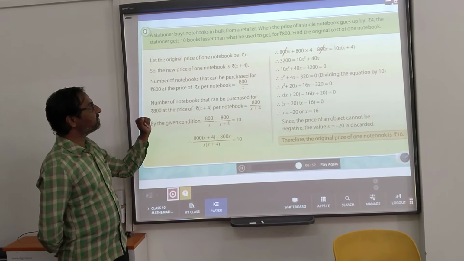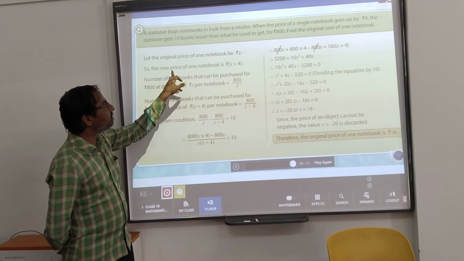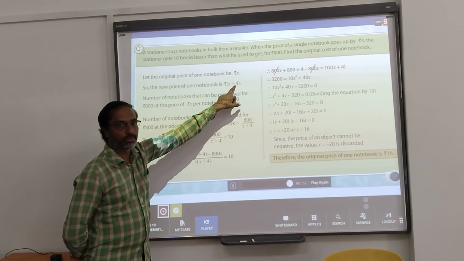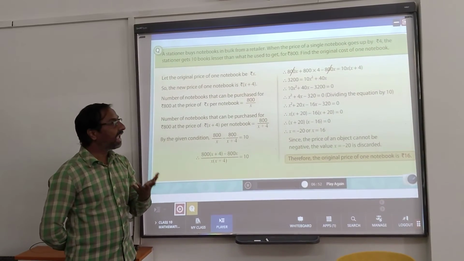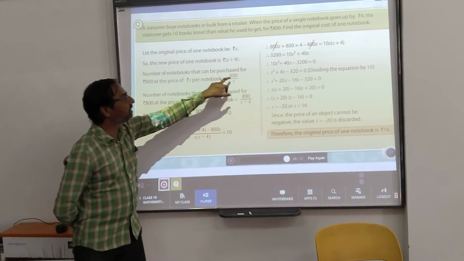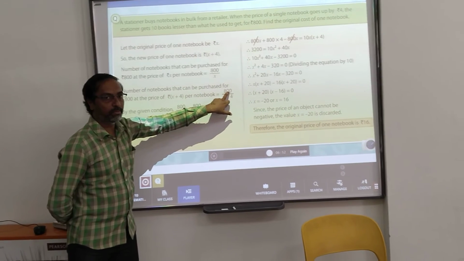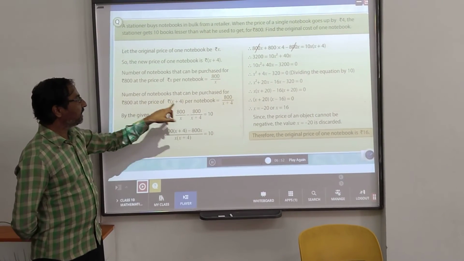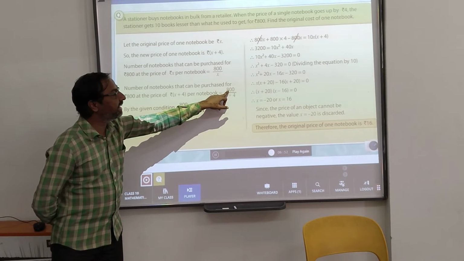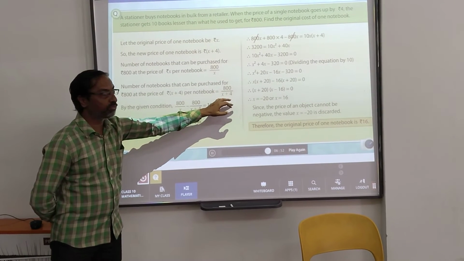But the question is, the price of each notebook is increased by ₹4. Then how many books can you purchase? The total cost remains the same, but the number of books is reduced. So that is why we have taken it as 800 divided by x plus 4.